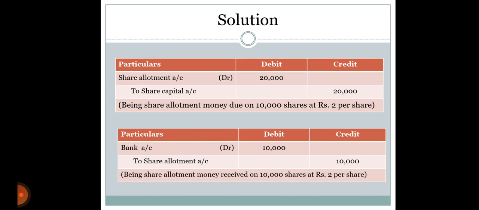And we all know that in whichever circumstance the company receives an amount, we simply debit the bank account, and for whatever purpose the company receives the amount, that purpose will be credited. So here bank account debit and share allotment account credit.